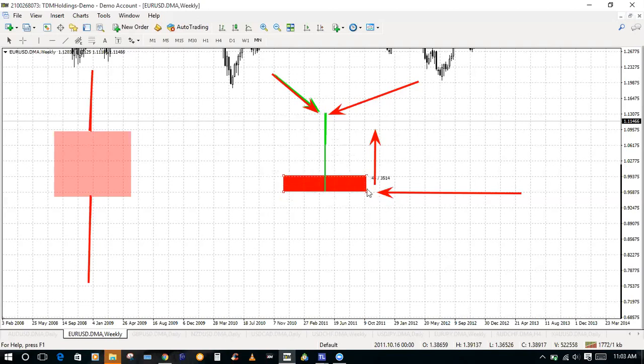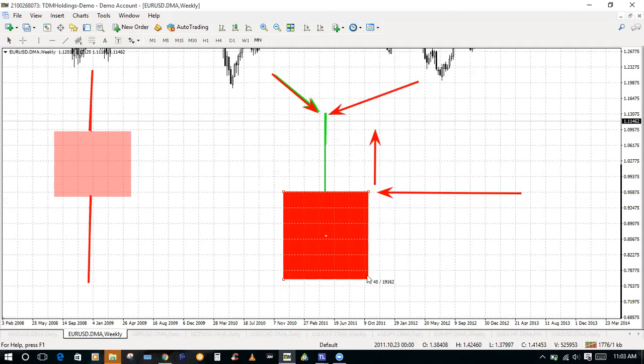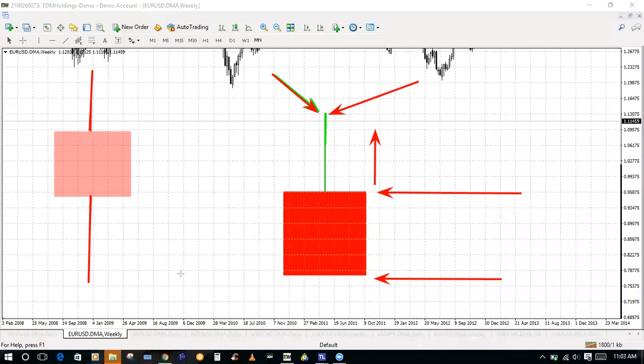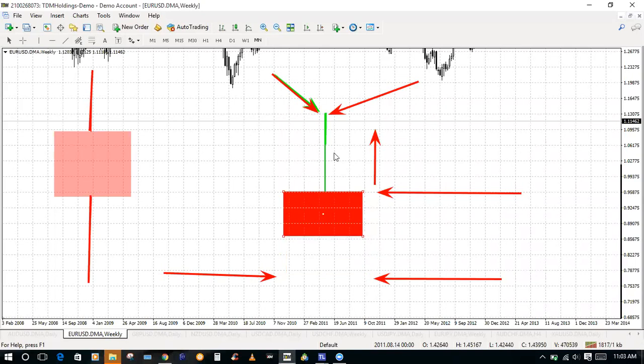Anyway, so the prices then dropped, say to this low. As they were dropping to this low, there's lots of buying taking place. There are lots of buyers entering in an attempt to push the prices upwards. Let's say buyers do succeed in that attempt and push the prices upwards.